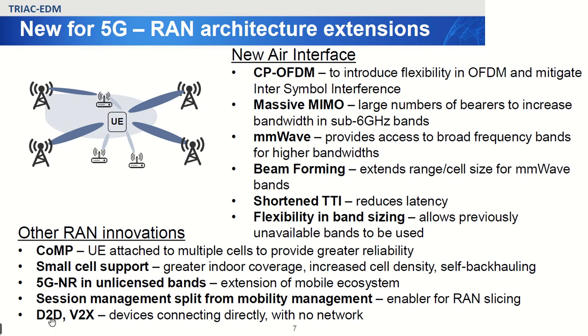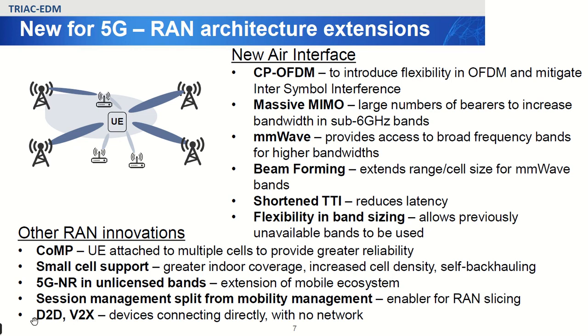Okay, and here is the D2D V2X, meaning you have device to device. So now not only human beings communicate with human beings, with development of AI, machines need to communicate with each other for the data, right? So device to device communications, and they automate themselves.